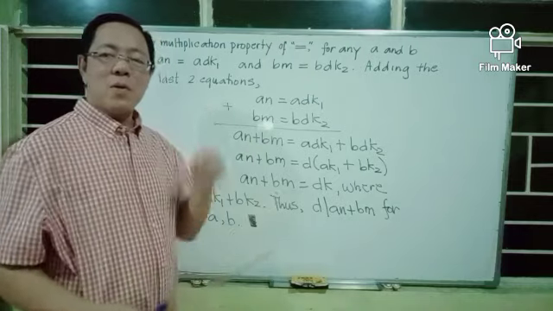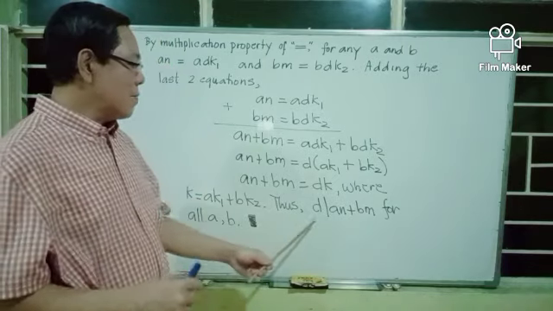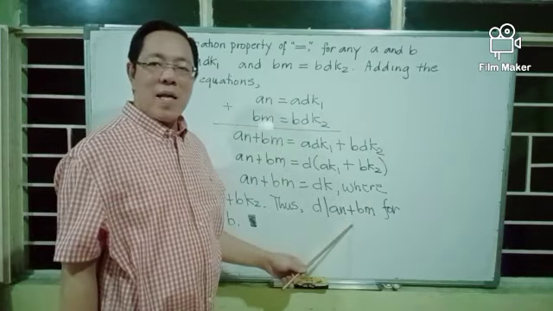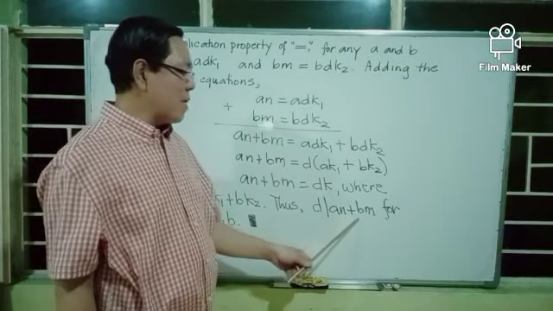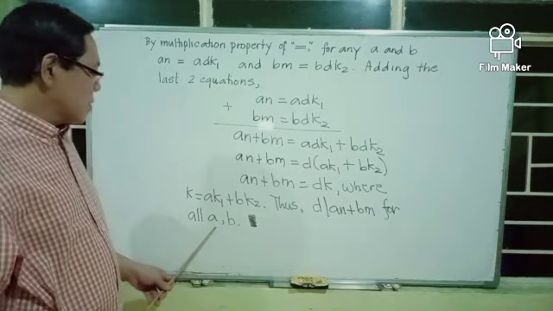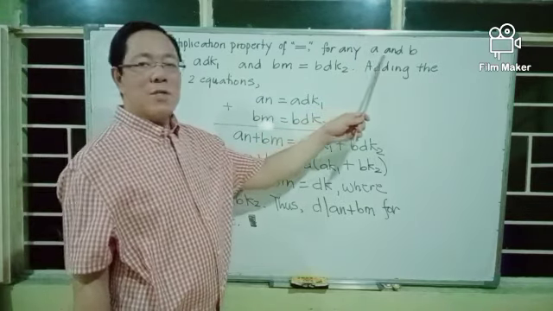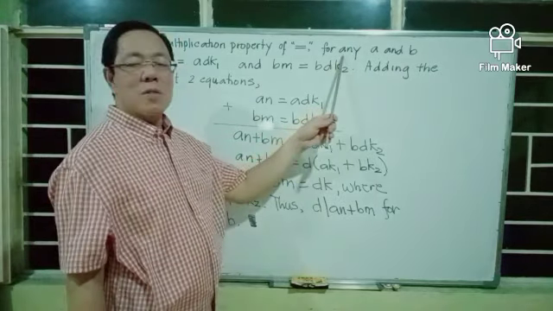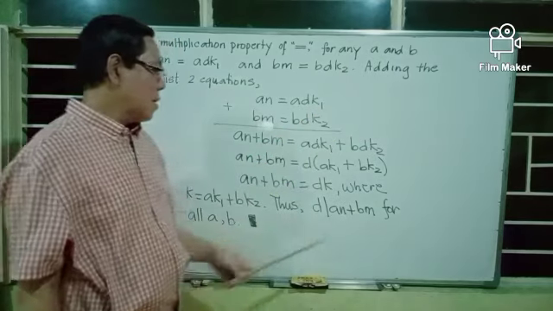We therefore conclude that d divides the linear combination of n and m given by an plus bm for all integers a and b. We take the integers a and b as any integers.